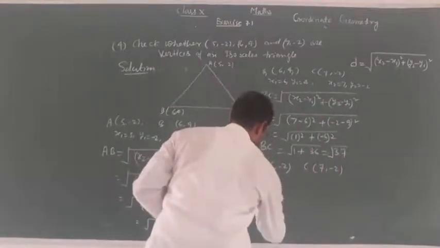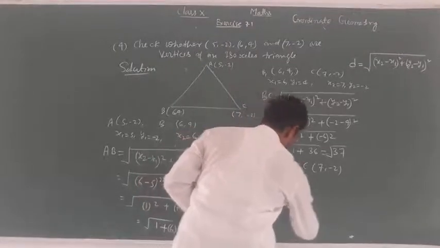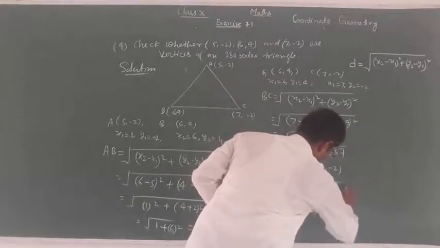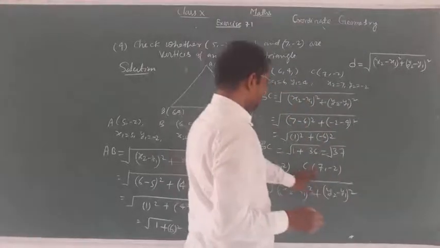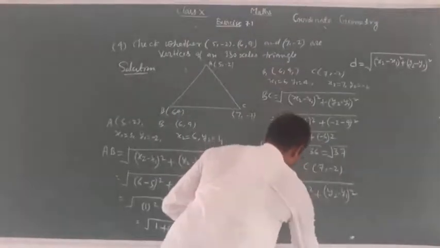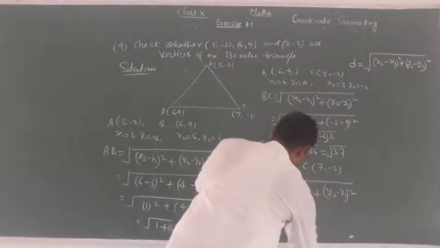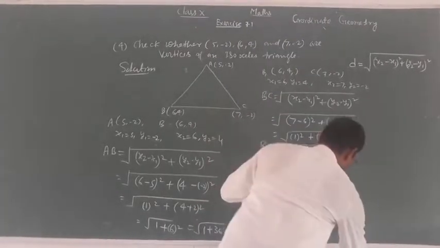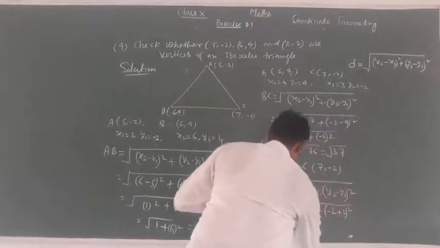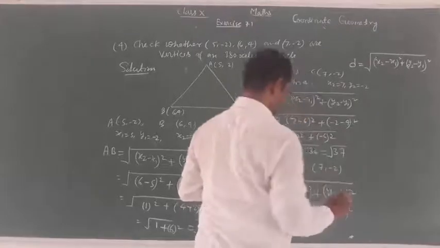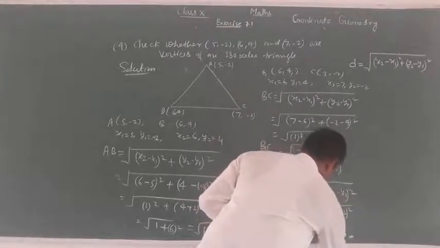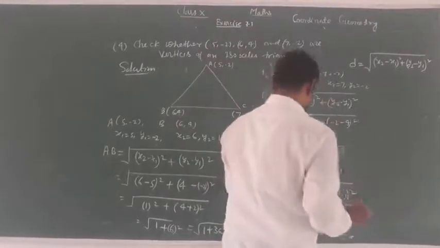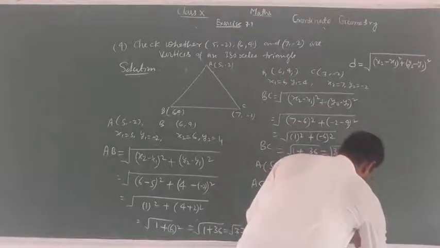So now the distance of AC is equal to the square root of (x2 minus x1) squared plus (y2 minus y1) squared. Now put in these values: x2 is 7, x1 is 5, squared, plus y2 is -2, y1 is -2. So the square root of 1 plus 0 squared. So now 1 plus 0 is equal to 1.